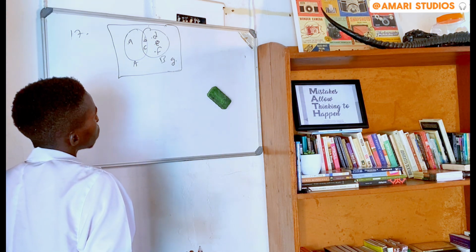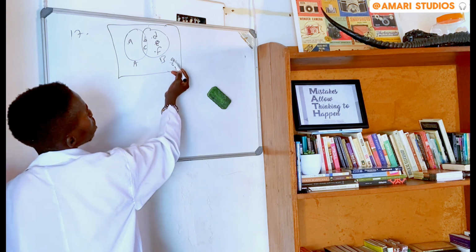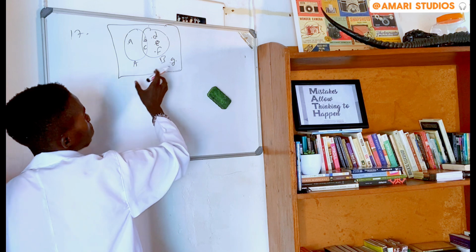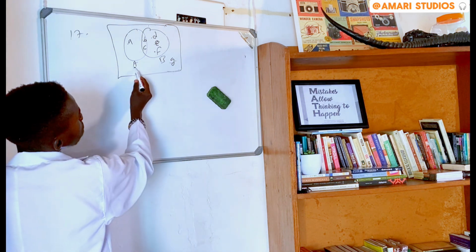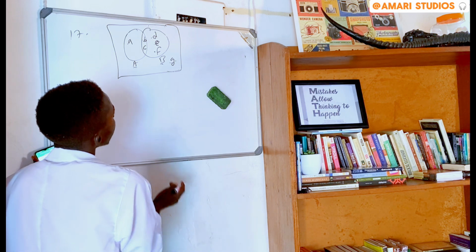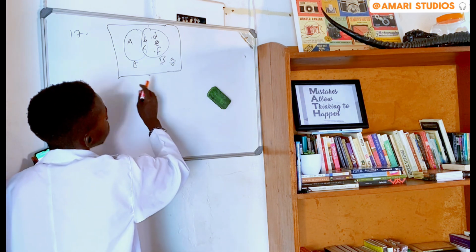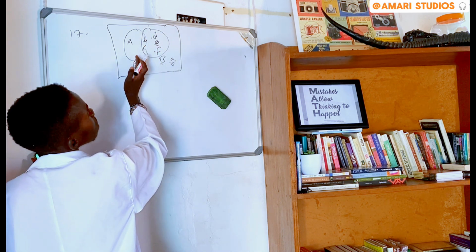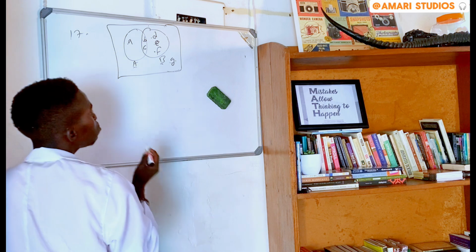Since G is not part of set A and B, it means one of these sets had a complement, but we don't know which one. D, E, F, G are the elements not found in set A.